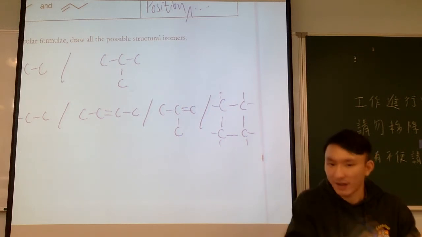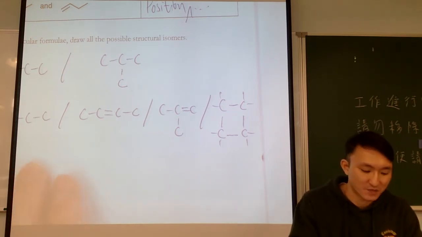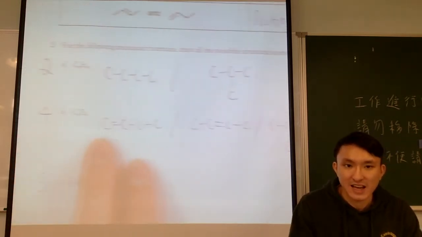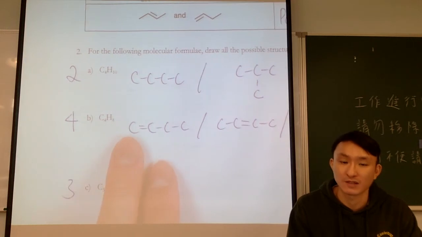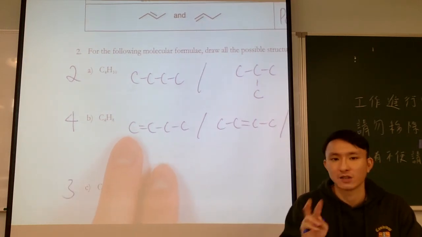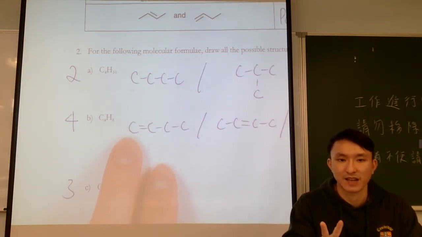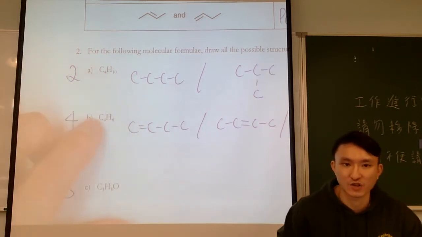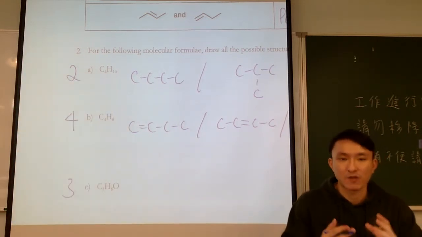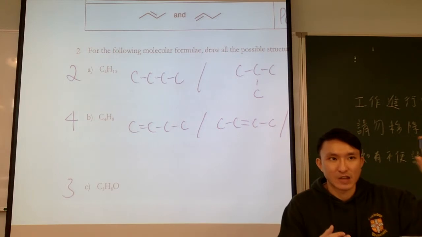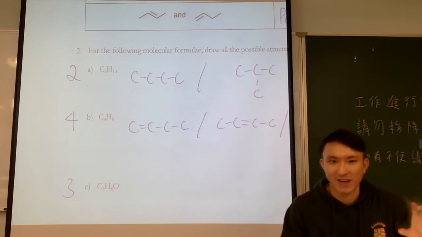because if you remember from my last video, I tried to deduce the general formula of alkene. I said that if you want to form a CC double bond, you need to sacrifice 2 hydrogen atoms. Okay? So that's why from alkane to alkene, the general formula is from CnH2n+2, and then for alkene is CnH2n.